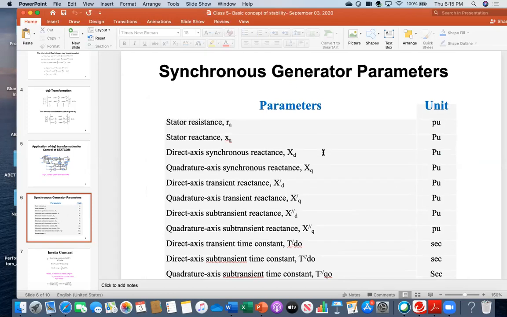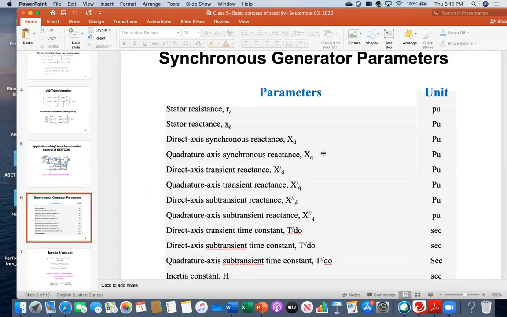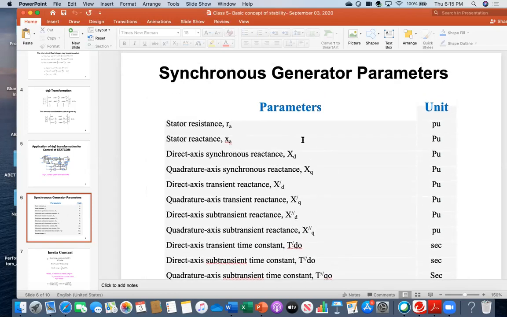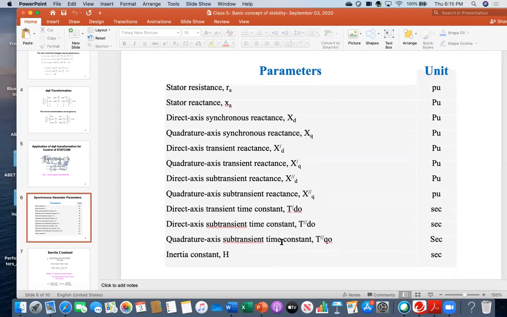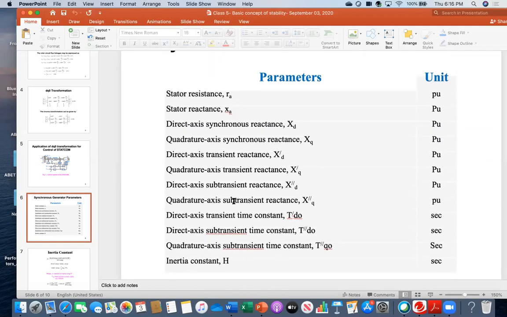But you see here the extensive list of various parameters, and those parameters are frequently expressed in terms of the direct axis and quadrature axis components. That is the reason I am showing you this table.